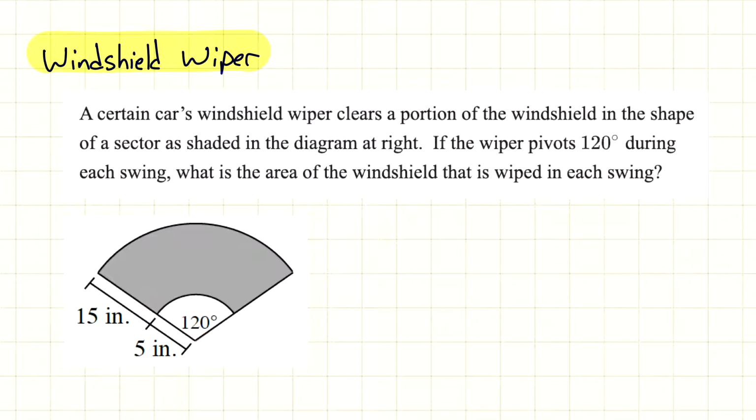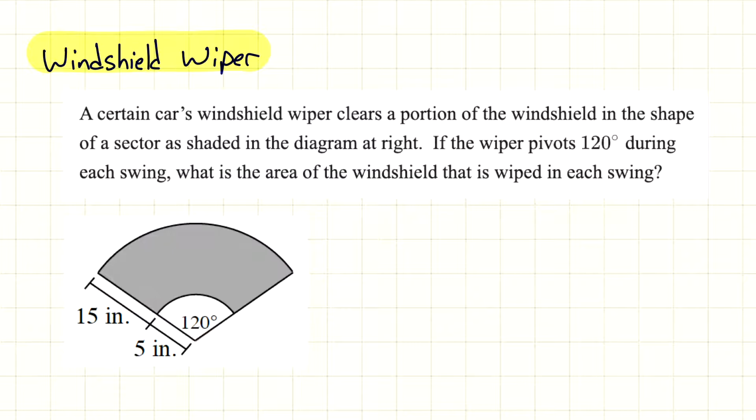They do their best to wipe as much as possible. And so maybe a question you could ask yourself next time you see windshield wipers is how much of the windshield does it actually wipe?